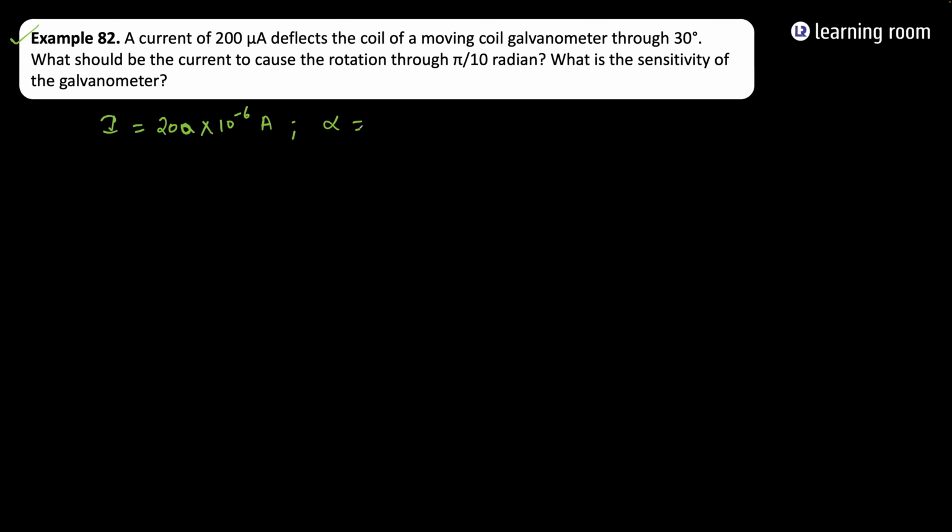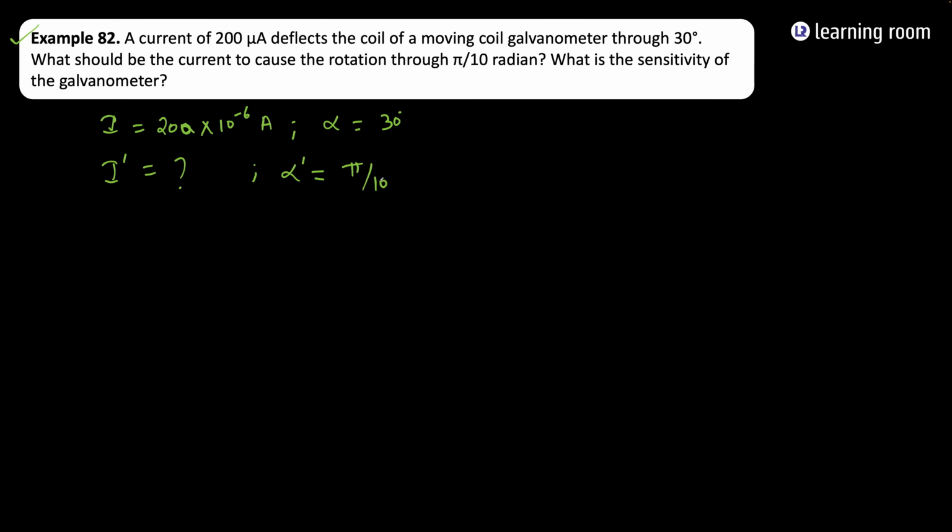What is the value of alpha? This 30 degrees. What should be the current to cause the rotation pi by 10 radian? Meaning what they're asking is, if this is the value of current, we are able to get alpha to be 30 degrees. What should be the value of I dash? So the same galvanometer experiences a deflection of alpha dash, which is pi by 10 radian.